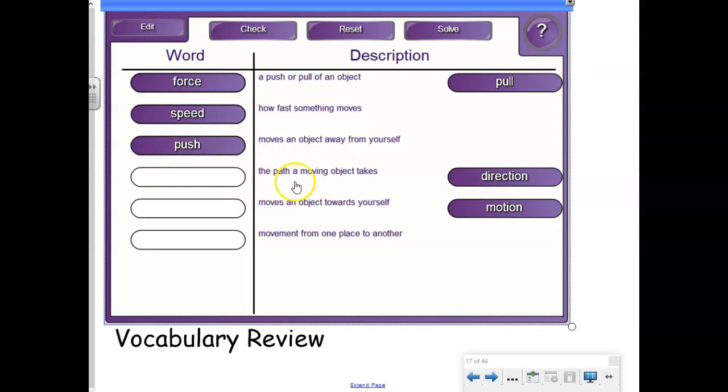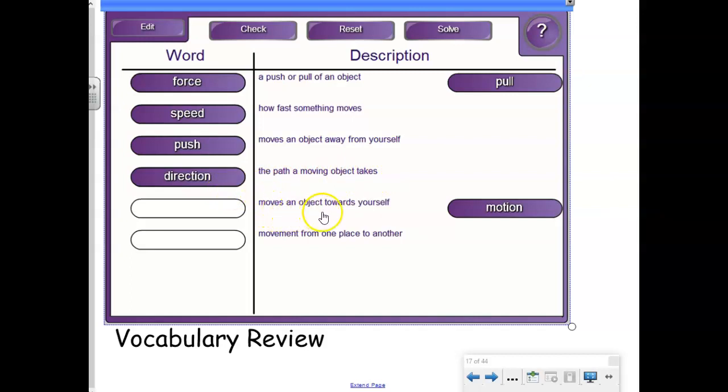The path a moving object takes, direction. Remember, I said think about a path in the road and an arrow pointing down it telling you which direction to go on the path. The path a moving object takes is its direction.